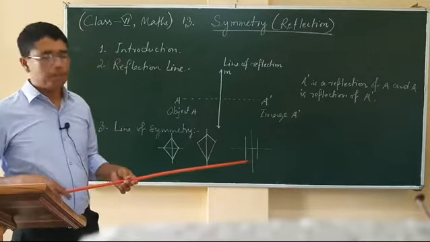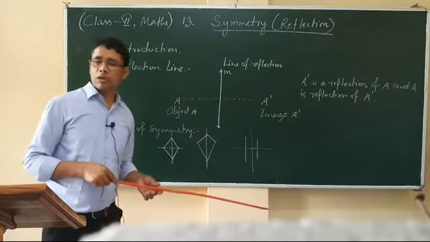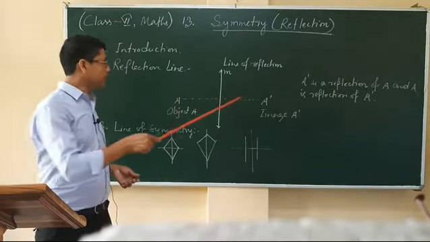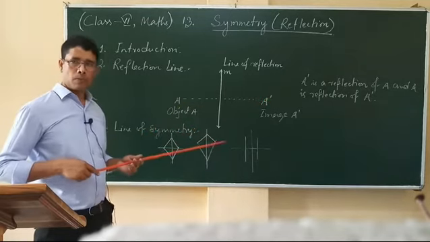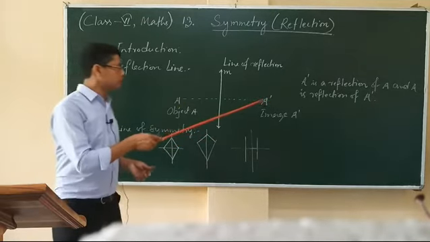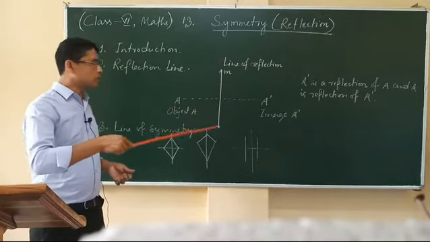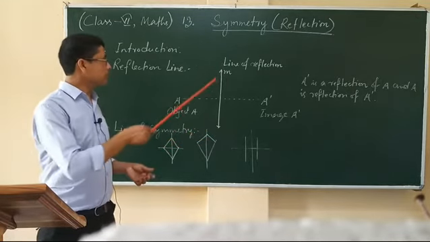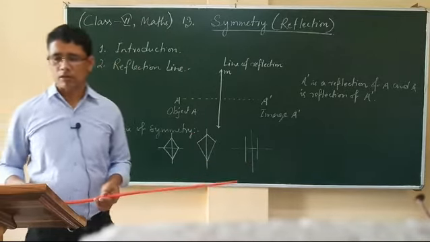Then this line M will be the perpendicular bisector of the line that we draw between the image and the object. So, when we draw a line between the image and the object and draw a perpendicular line to it, it becomes a perpendicular bisector of this line.